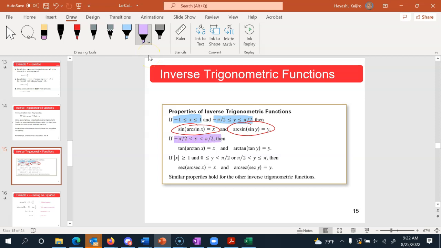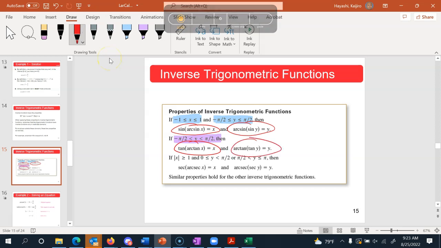Similarly, as long as you're operating in between the angles negative pi over 2 and pi over 2, again, tangent and arctangent will cancel each other out. And last, don't worry too much about this one, it's going to be impossible to try to put an x value that's in between -1 and 1 into an arcsecant.